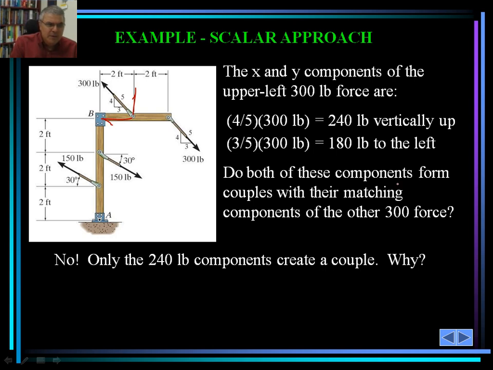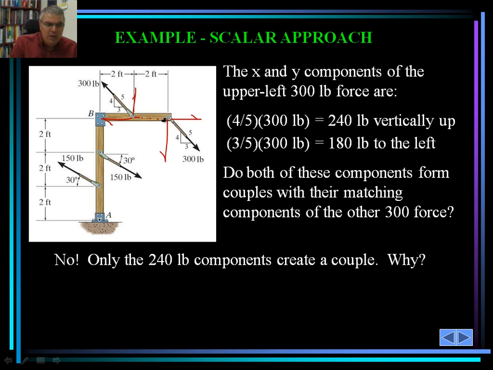Then the question is, do both of these components form couples with their matching component of the other 300 pound force? No, they're not. Only the 240 pound component creates a couple. And why is that? Because as you can see, this force would also be resolved into two.